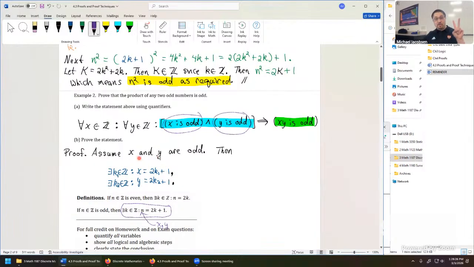But because we're dealing with two different numbers, we had to say two different integers as well, a k1 and a k2 value. Notice if we didn't do that, our algebra down below would be very, very different. So x is twice some integer, add 1. Y is twice some other integer, add 1. And that got us through this entire statement right here. Does that make sense so far to this stage of the proof?